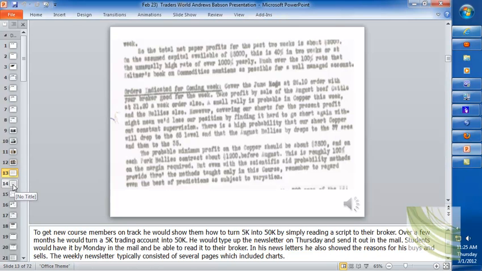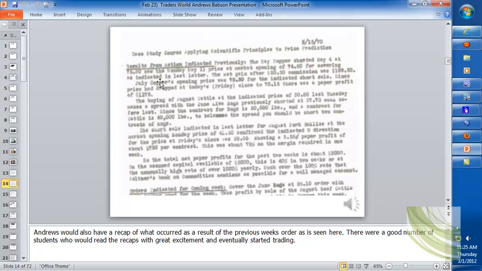Absolutely amazing. And what would also be included in the newsletter is what happened so far. So let's say you get this newsletter and go, yeah, this guy's going to turn 5K into 250. We'll see, right? And in the first week it says the total net profits for the past week are about $2,000, and he goes into exactly what happened, what trades were hit and what trades were not.